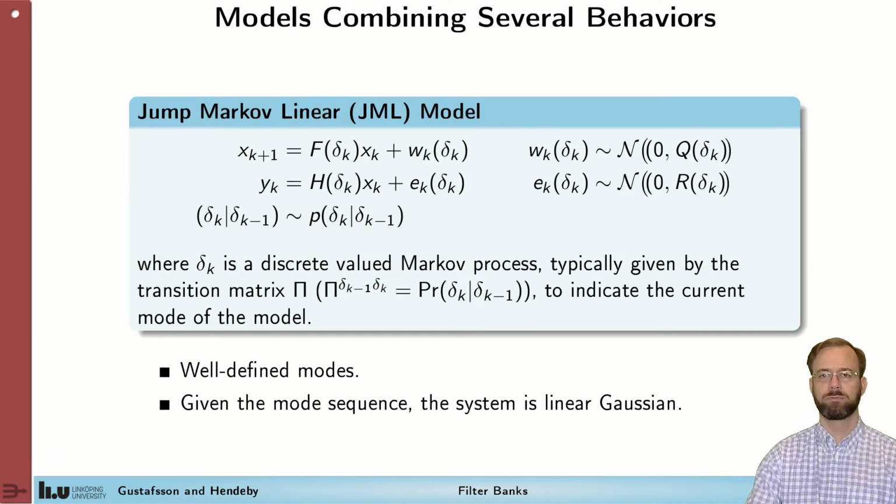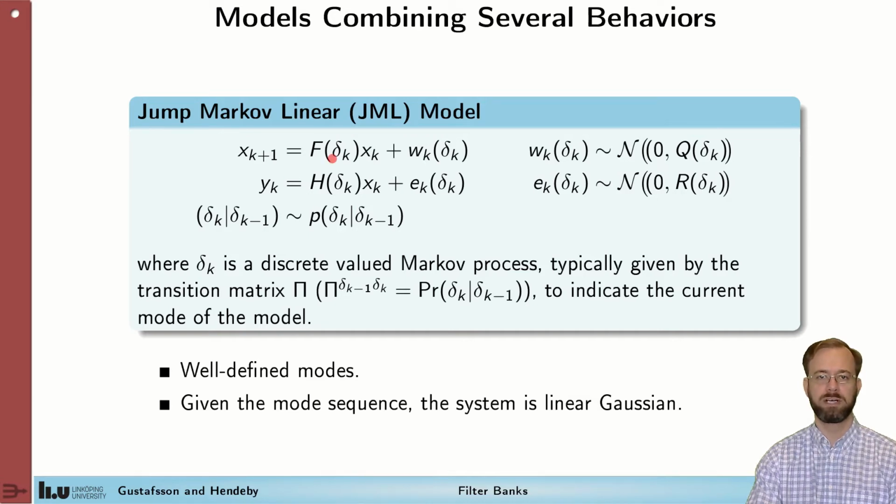Let's formalize what we mean by models with different behaviors. In this course, we'll talk about jump Markov linear models. Jump means that we have different modes governed by this variable delta. It's discrete modes, so delta could be 1, 2, 3, 4, for example. It could also be a straight line or a coordinated turn.